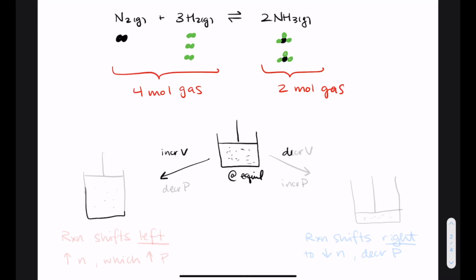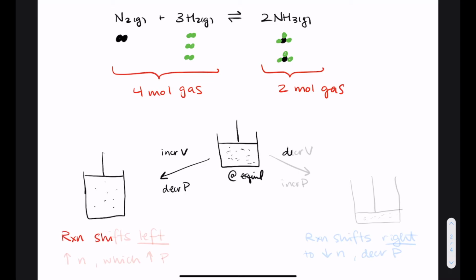So what I'm imagining is if I have this cylinder with a piston with a reaction inside of it, I'm at equilibrium. On the left side, if I pull the piston up and increase the volume, so my reaction has a bigger volume to move around in, an increase in the volume is a decrease in the pressure. When the pressure decreases, the thing I'm trying to do in correcting it is I need to increase the pressure.